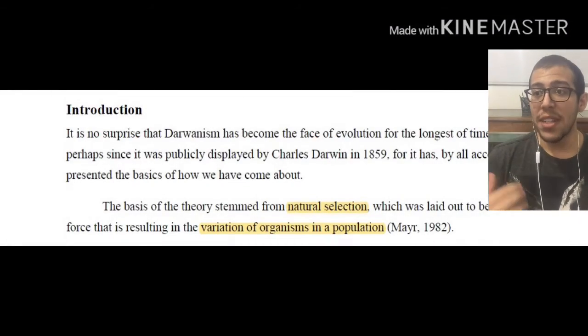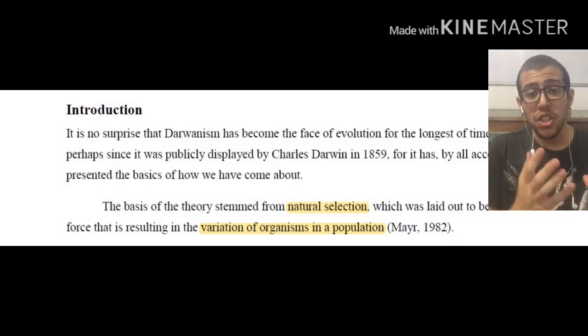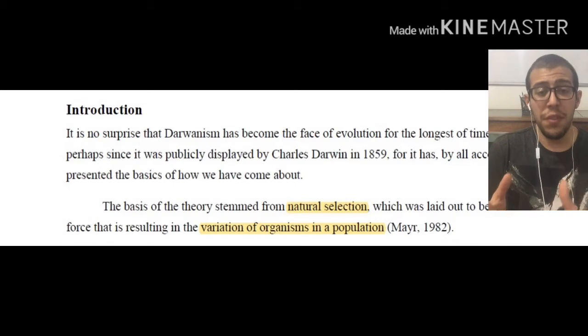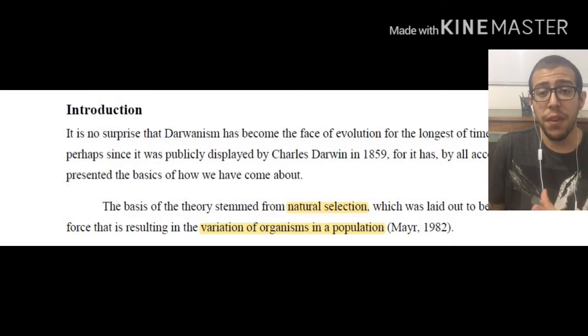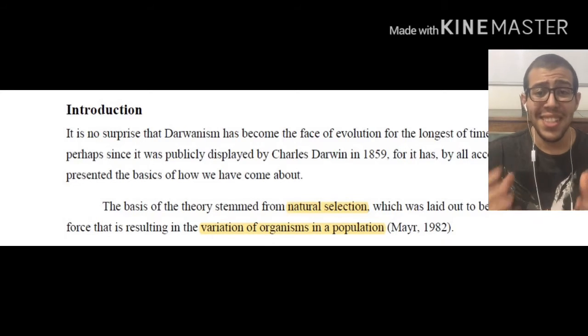It is no surprise that Darwinism has become the face of evolution for the longest of time, and this is very true because whenever we think of the theory of evolution, the first person that pops to mind is Charles Darwin. So it is natural to be portraying him.